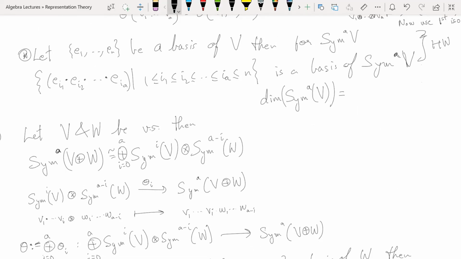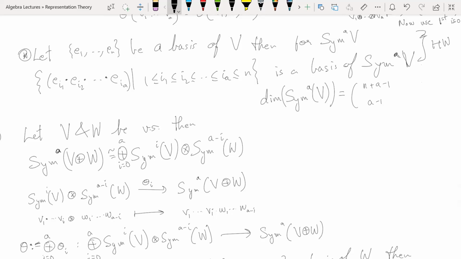If V has dimension n, then it would be n plus A minus 1 choose n minus 1. Say that again. n plus A minus 1 choose A, or n minus 1, either way.